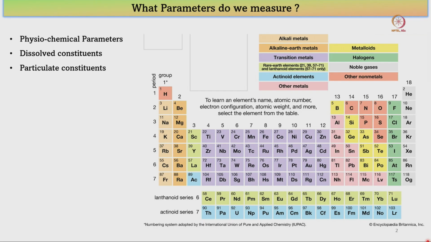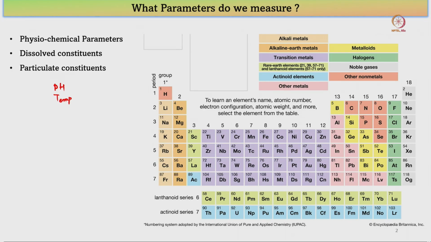What are the physical parameters, right? Physical parameters, for example, pH, okay. pH is one of the most important physiochemical parameters. Then there is temperature. All the time you will see the data for temperature and pH measured for water samples.